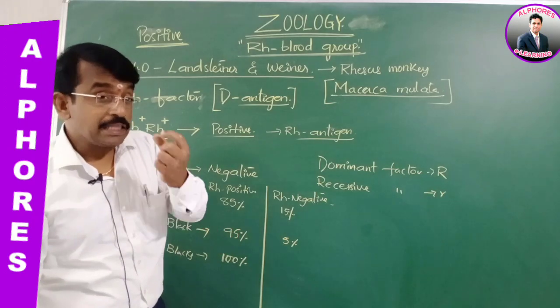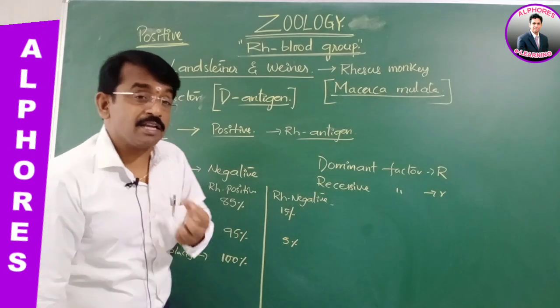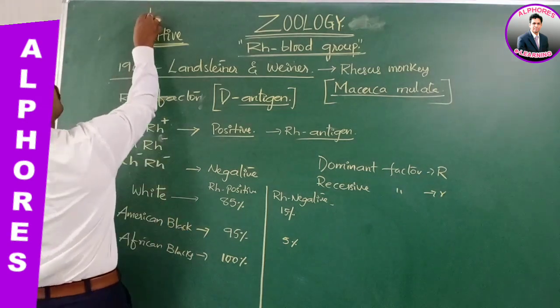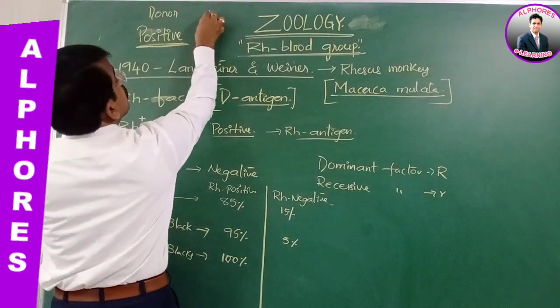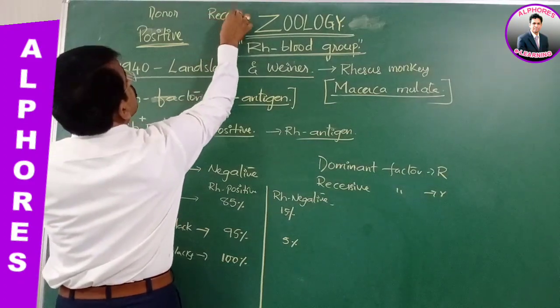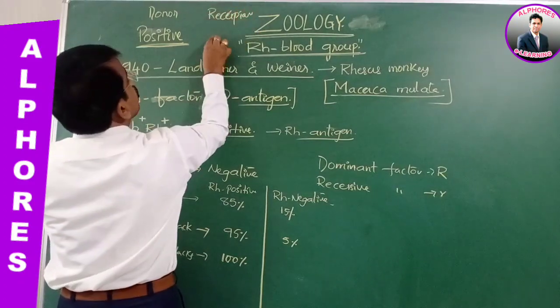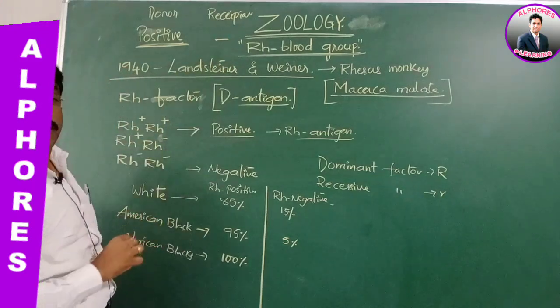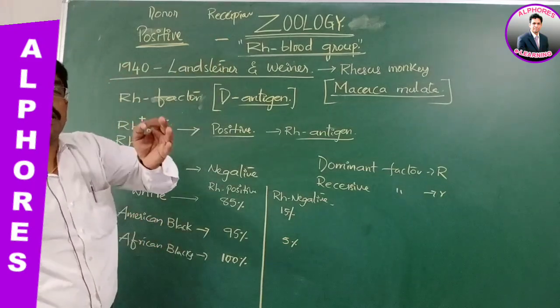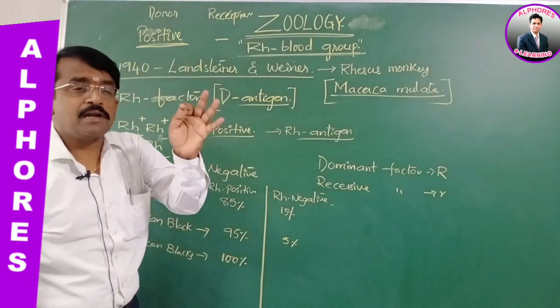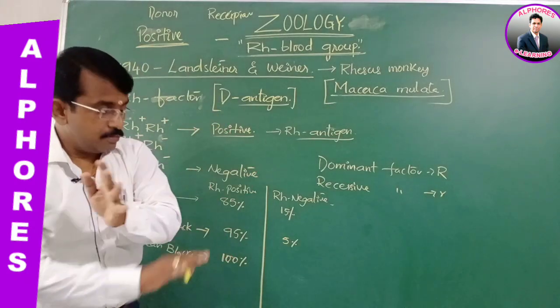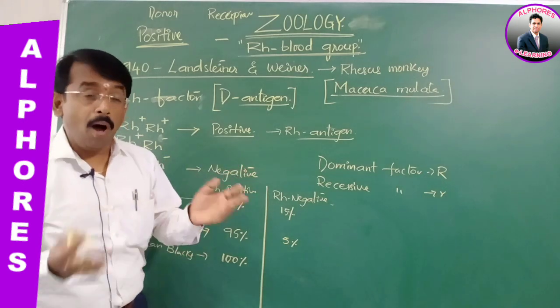So, the genetic incompatibility exists when the donor is positive and the recipient is negative. So, blood should be tested. If the recipient is positive, not at all a problem. Why?